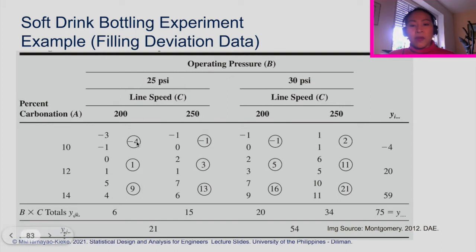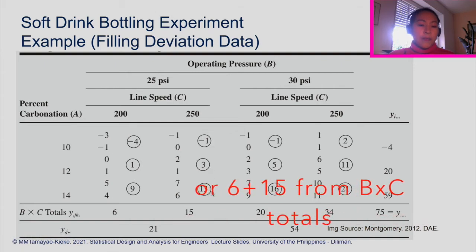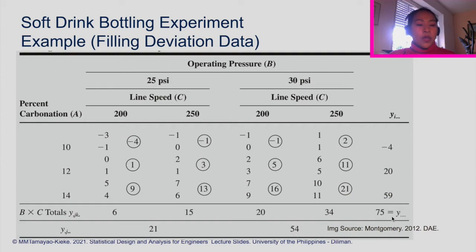So that would be -4 plus 1 plus 9 plus -1 plus 3 plus 13. And you can apply the same thing for 54. And you also have here the grand total of all observations, which is basically the sum of all your observations.